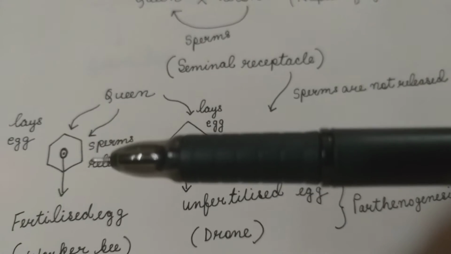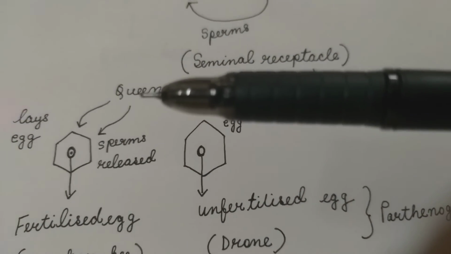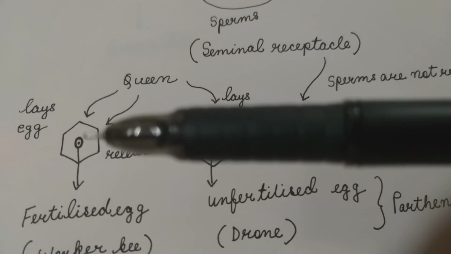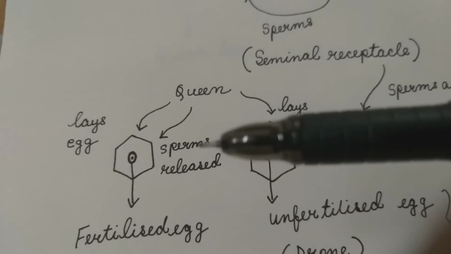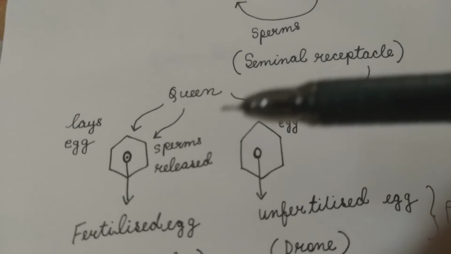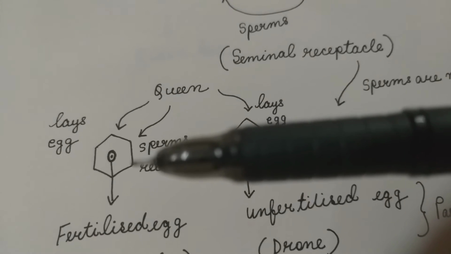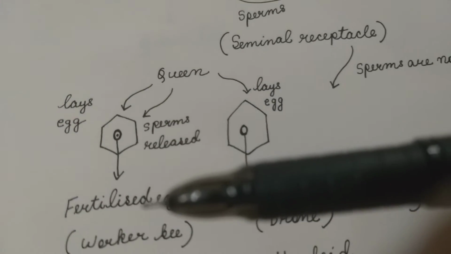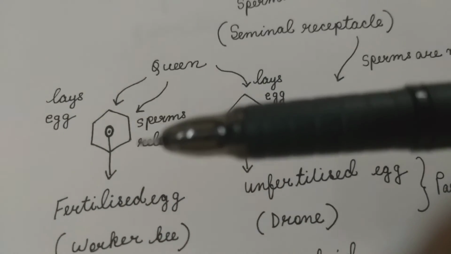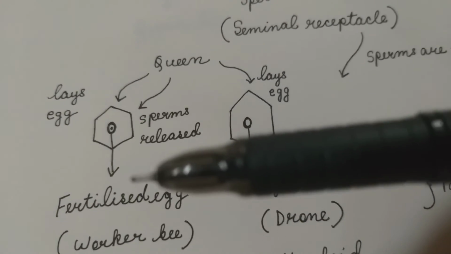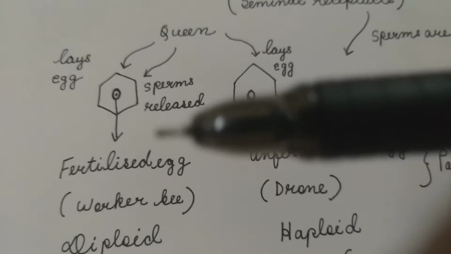So in the smaller brood cells, always fertilized egg is laid. Only fertilized egg is laid by the queen in the smaller brood cells.